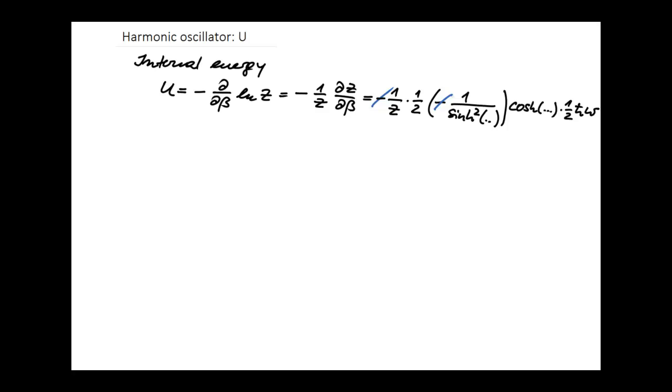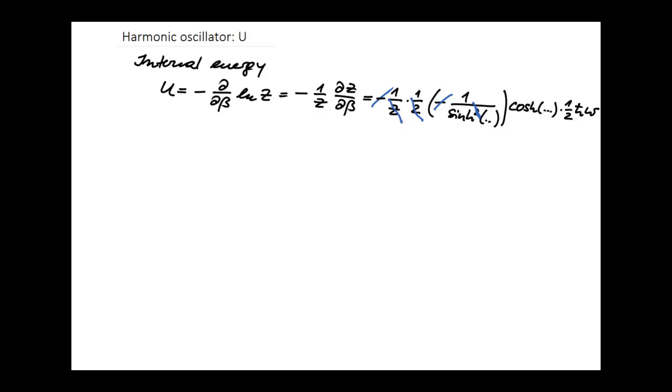The partition function is 1/2 times the hyperbolic sine, so 1 over the partition function is 2 times the hyperbolic sine. So there's a 2 in there that cancels with the 2 here. And then there's a hyperbolic sine which cancels with one of the hyperbolic sines here in the denominator.